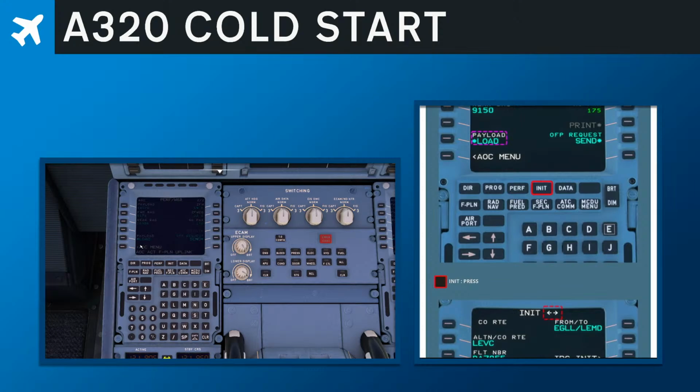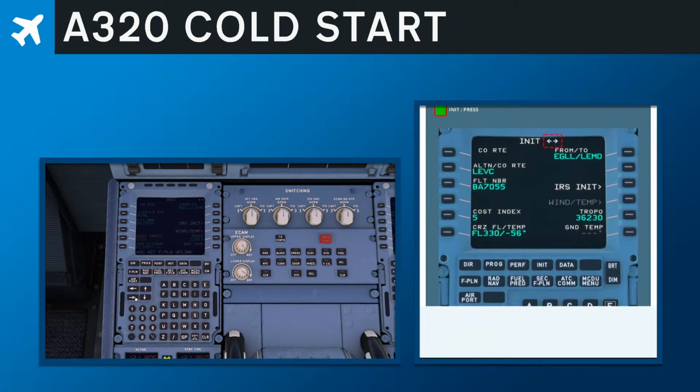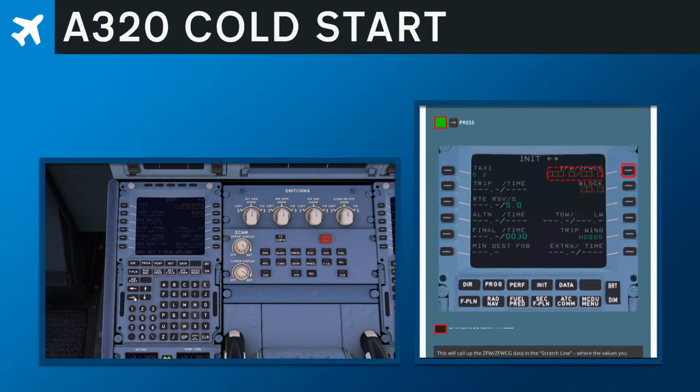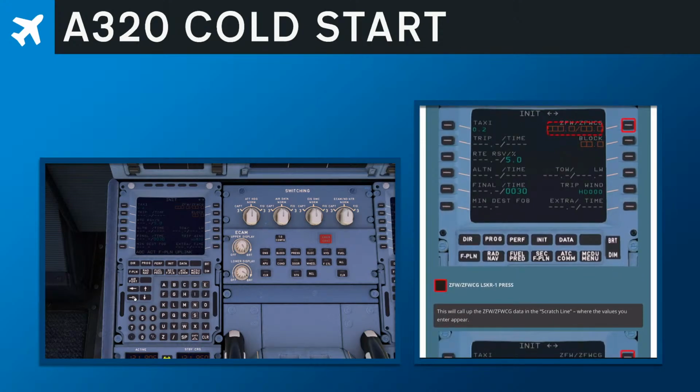What we now need to do, I think we press init now, and follow the instructions, and we need to go to the right. So that's this button here. Done.